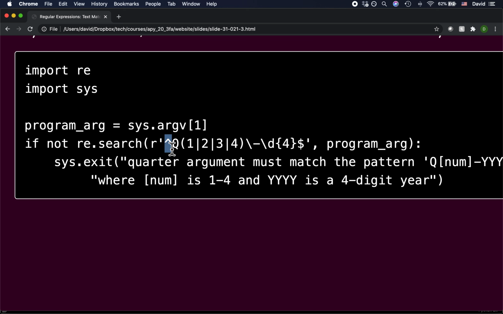This is saying from the beginning, a Q followed by 1, 2, 3, or 4, followed by a dash, followed by 4 digits, and then ending at the end of the string. So, you know, Q3 2012 or Q2 1999. That's what would match in this instance.